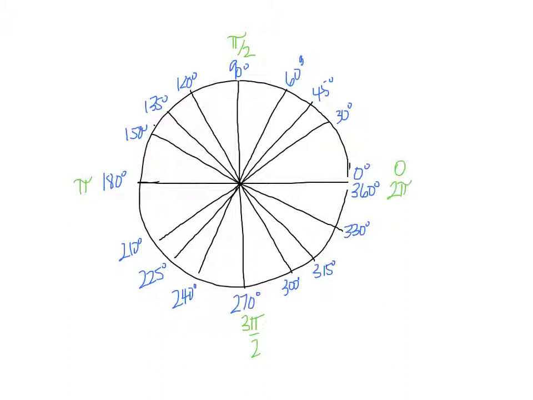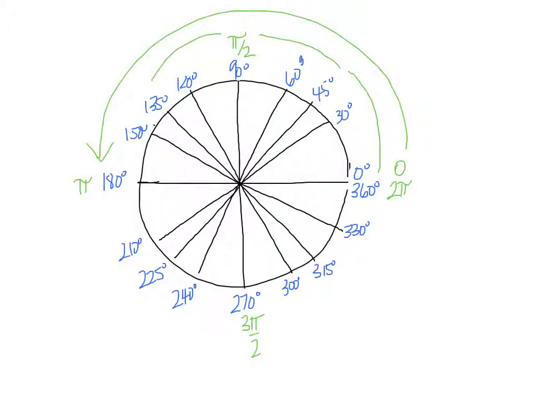From there, let's go to our 45 degree marks. Now, I know that from 0 to 180 degrees, that was pi. And if I'm looking at my 45 degree marks, I have 1 slice, 2, 3, 4 45 degree slices of the circle.